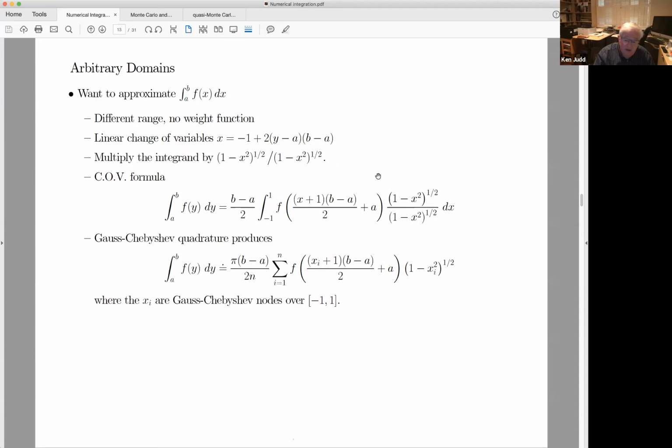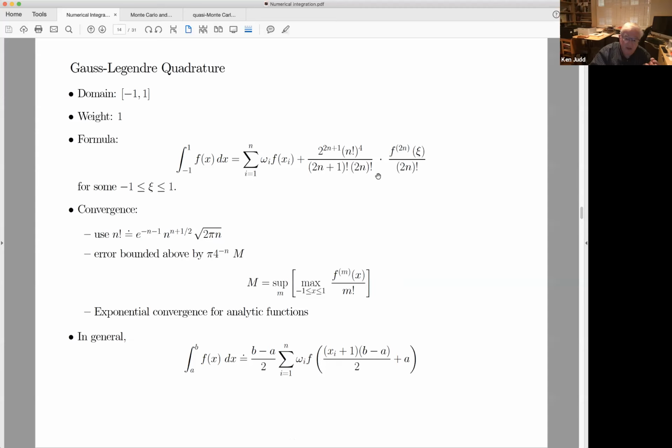Now, here's the other slide about, suppose you want to do an arbitrary compact interval. Well, then there's another change of variables you've got to do. Now, here's the Gauss-Legendre quadrature. Suppose that you have the domain -1, 1, weight 1, and now you have a formula, omega, weighted sum of the f of xi's. The error term here is, now I split this out.